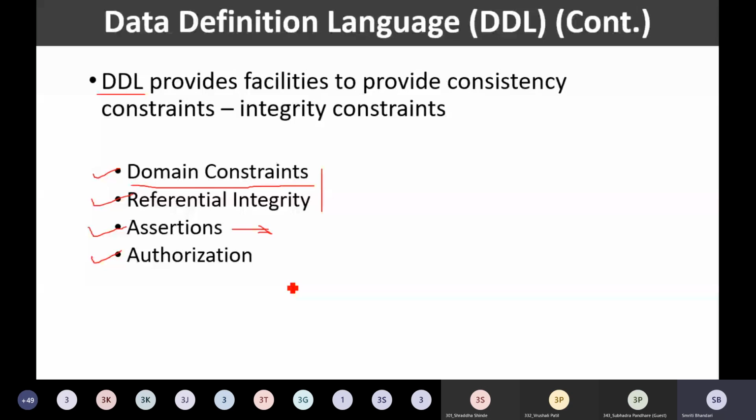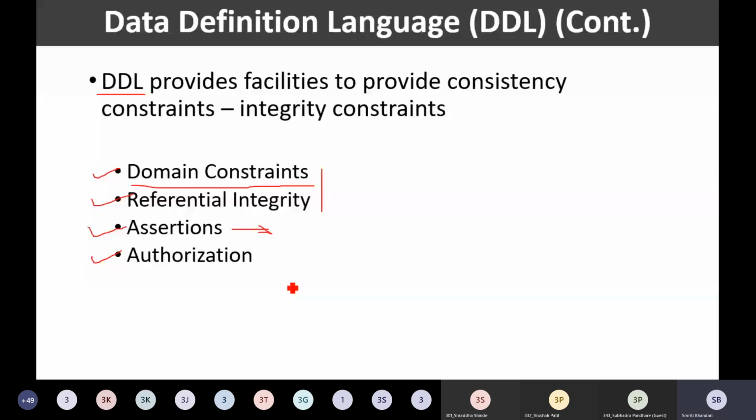There are a few kinds of authorization constraints. I'm just giving you the list. You may have a note of this. We have read authorization. What do we mean by read authorization? Read authorization constraints allow reading of the database.